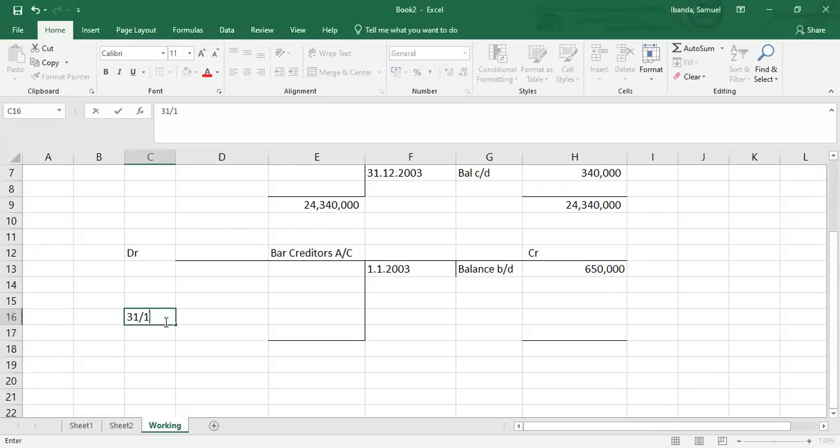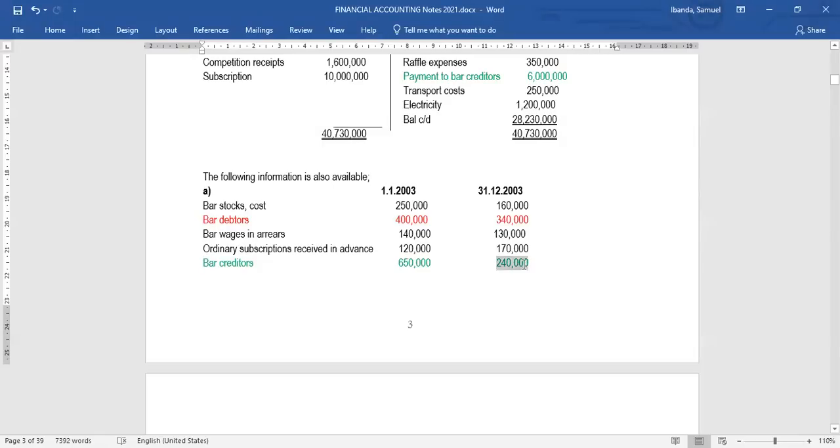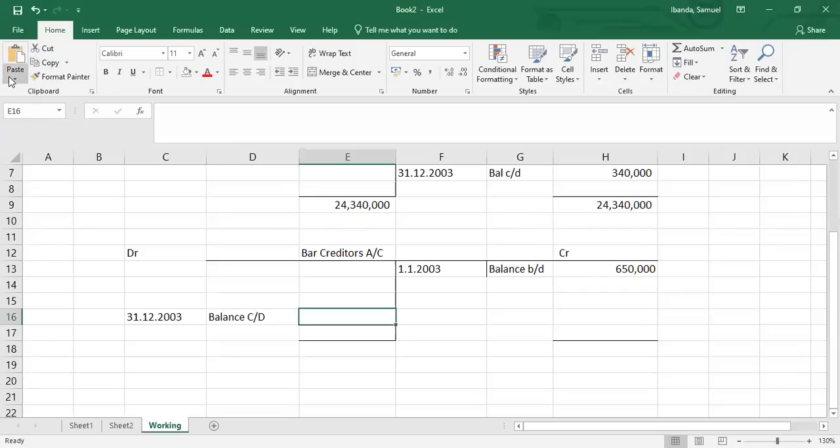So at 31st December 2003, I'm going to have my balance carried down. My balance carried down is 240.